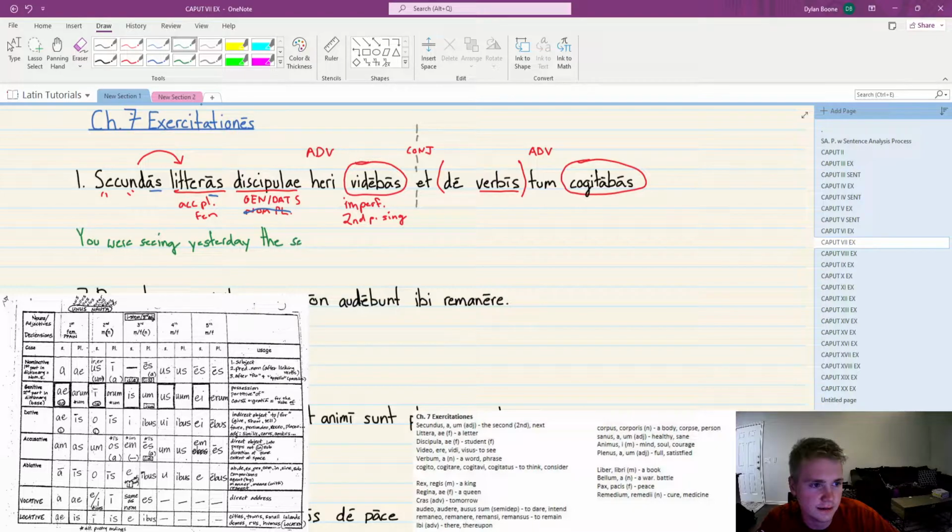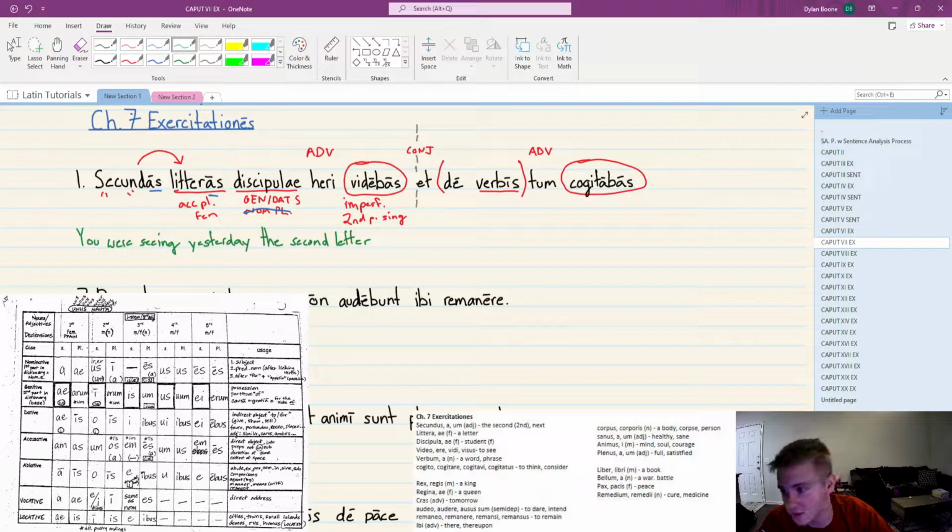The second letters, and the last one is discipulae. So we could say the second letters to the student, that would be dative, or we could say the second letters of the student, that would be genitive, possessive genitive. The genitive possessive is really the only one that makes any sense here.